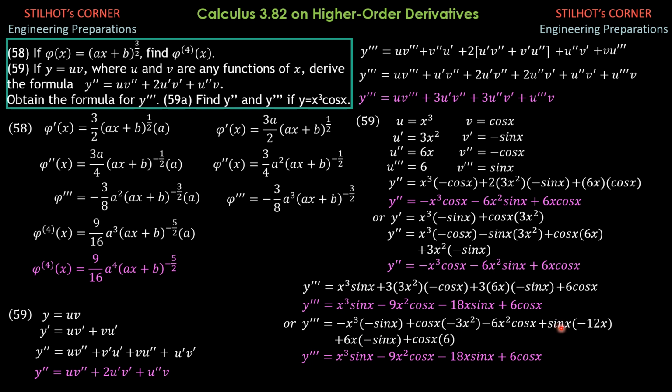If you combine them, this is negative 12x sine x and negative 6x sine x. Combining, that's negative 18x sine x. The last term is the same as that. The first term, the product, is positive, the same as this. So we have shown that y triple prime is indeed x cubed sine x minus 9x squared cosine x minus 18x sine x plus 6 cosine x. That's it for this video.